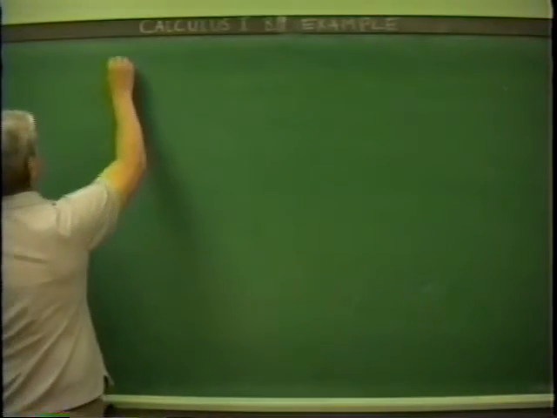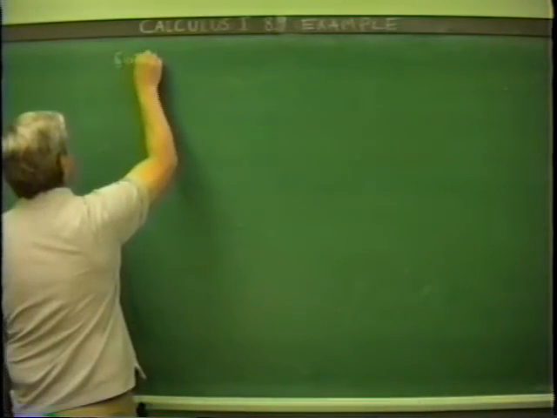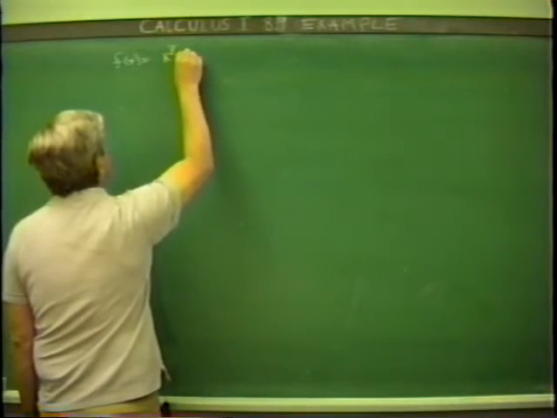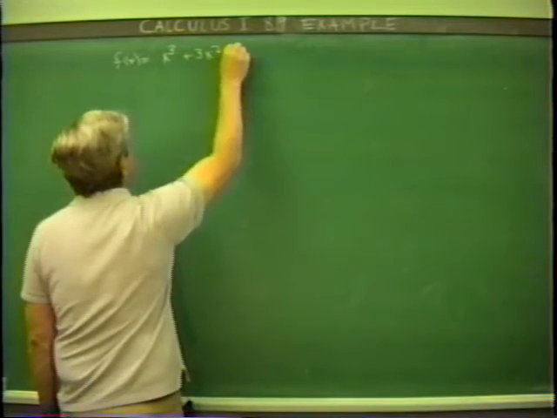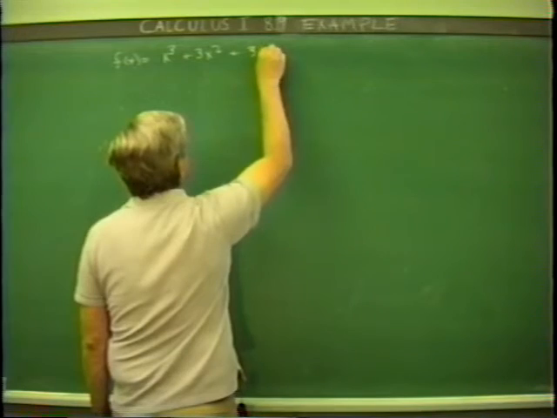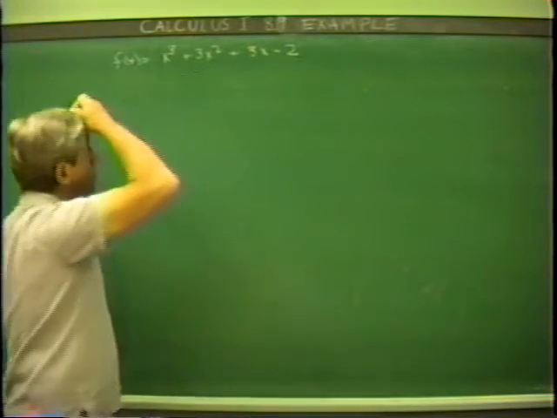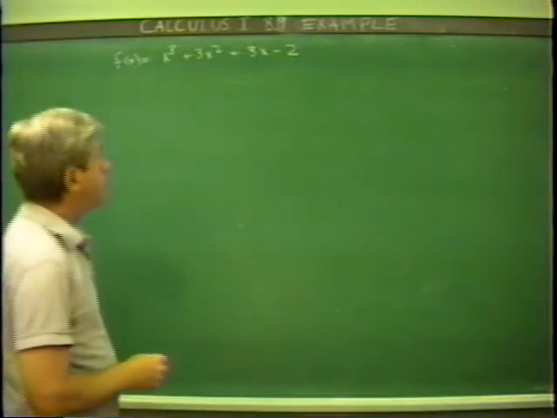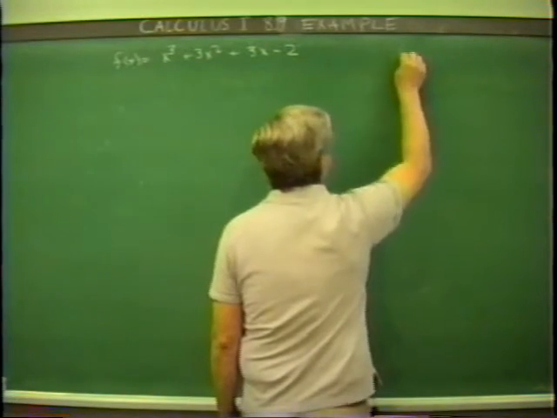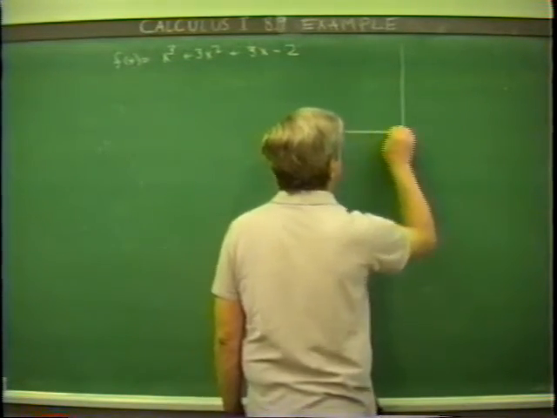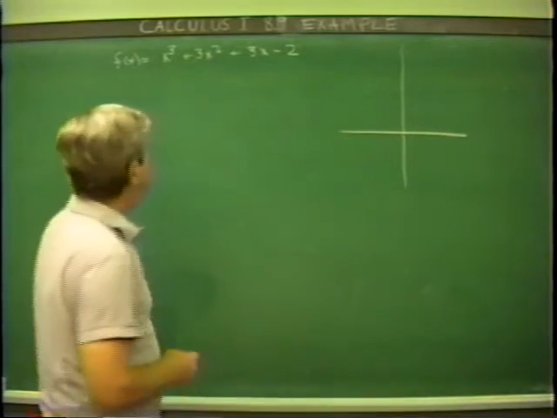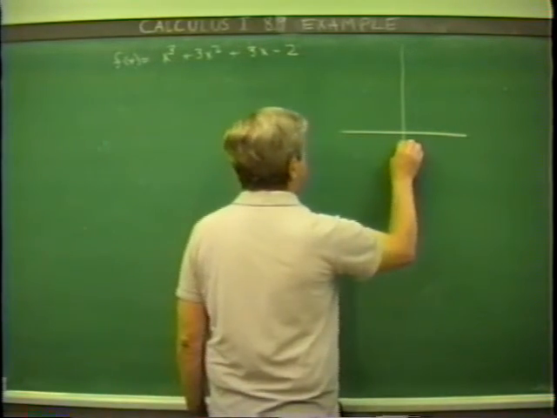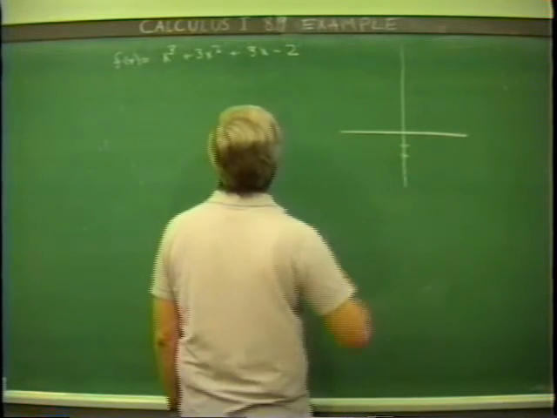Okay, let's take a look at a couple of examples here. Again, these are relatively simple examples to illustrate the point. So let's look at f of x equals, let's say, x cubed plus 3x squared plus 3x minus 2. All right. If we wish to graph this, clearly there are some simple points to plot.